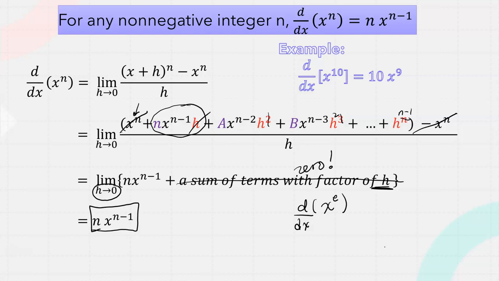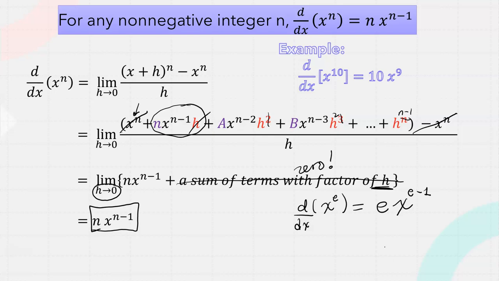No. We know the number e is an irrational number. But, as it turns out, we could also apply that rule here. And if we did, it would be e x to the e minus 1 power. Bring the exponent down and then one less.